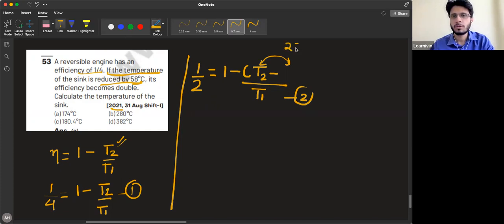So this is 273 plus 50. It's always better if you convert everything into Kelvin. Your answer will come in Kelvin, and you can convert it again.